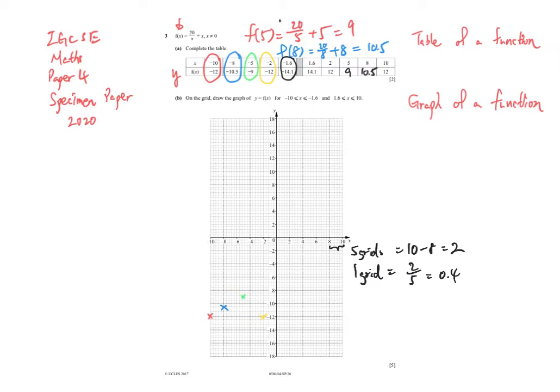So here, the negative 1.6 is actually equal to negative 1.6 divided by 0.4, so it will be 4, or 4 grids. So you can just draw it this way, negative 1.6 to be somewhere here. And how about the negative 14.1 for the y?